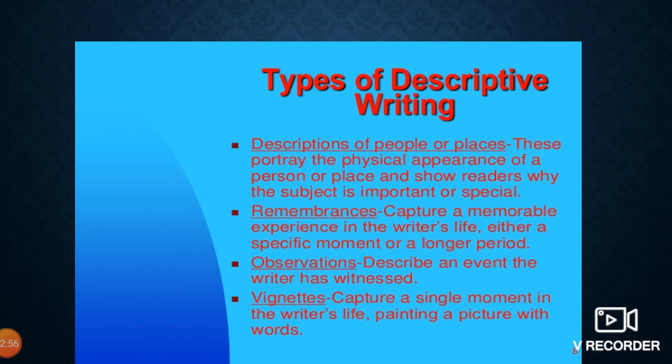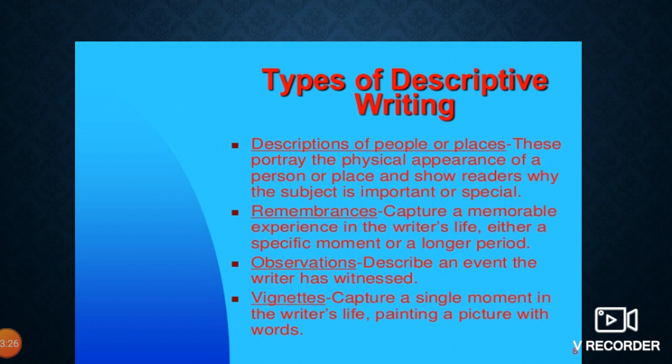Okay, then remembrance. Capture a memorable experience in the writer's life, either a specific moment or a longer period. Memories, we can say. Observations. Describe an event the writer has witnessed. So, all those memories you have to write, you have to describe. And vignettes.